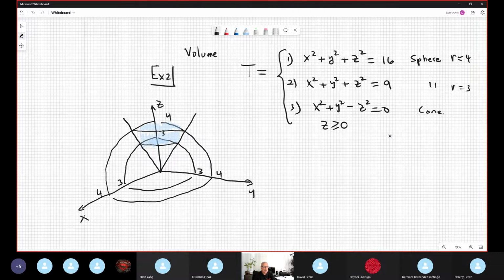Basically my solid looks like that. Cone, sphere. And the sphere is invisible in that part, like that. It's like a, you know, a little bit hollow. No hollow, you know, I don't know exactly the pronunciation in English.